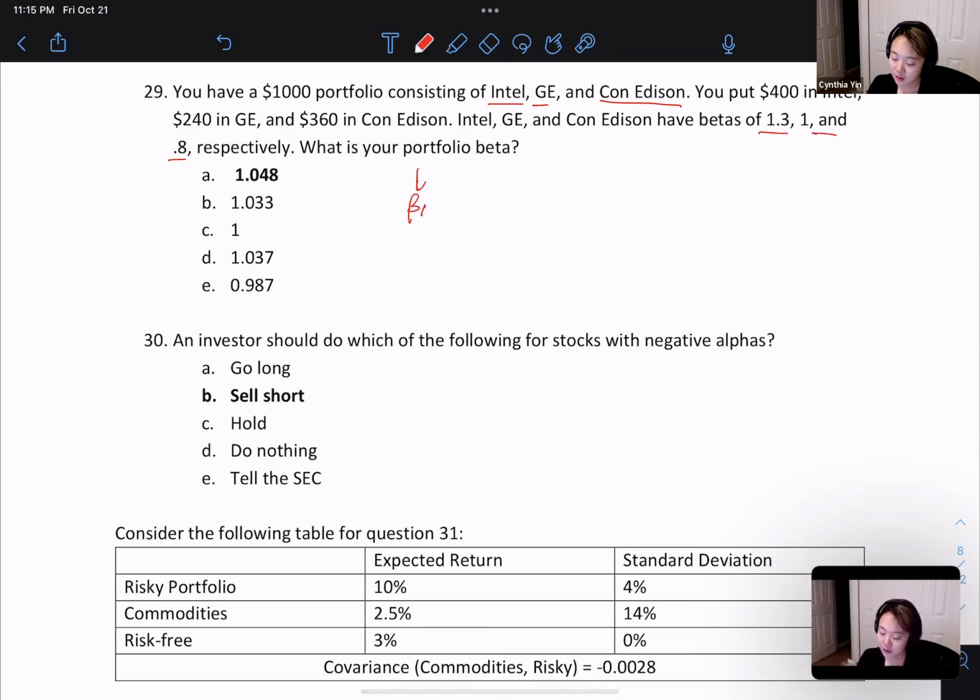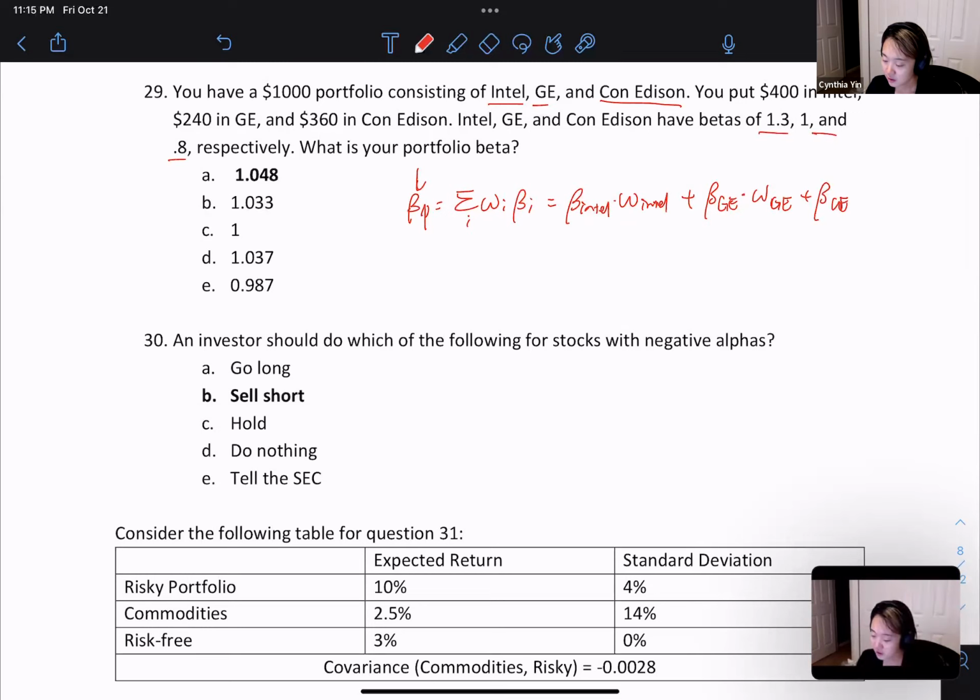Portfolio beta is just a weighted average of individual betas. Here is beta of Intel times the weight in Intel plus beta of GE times the weight in GE plus the beta of Con Edison, I will just say CE, times the weight in Con Edison.